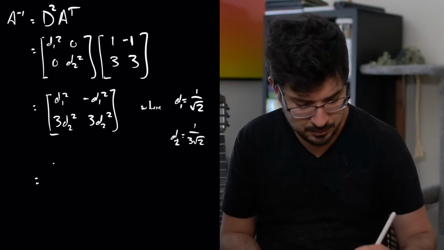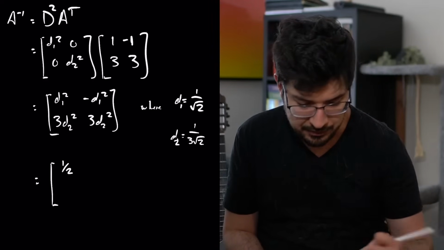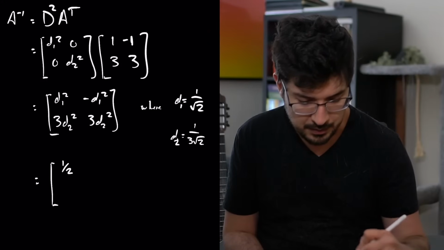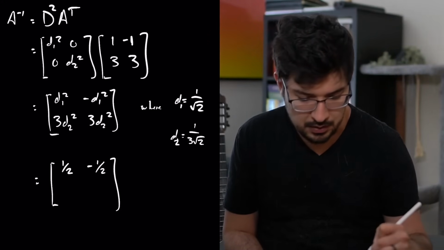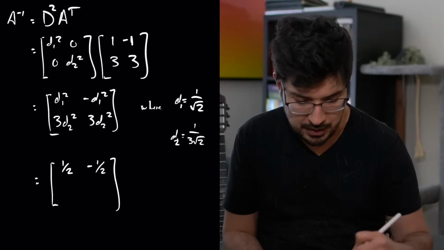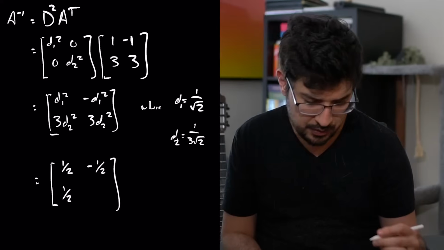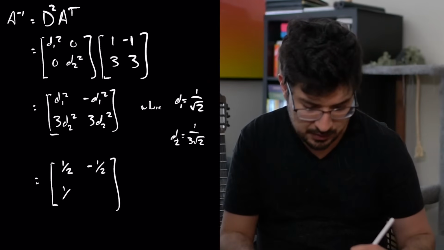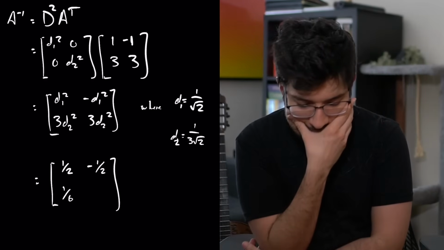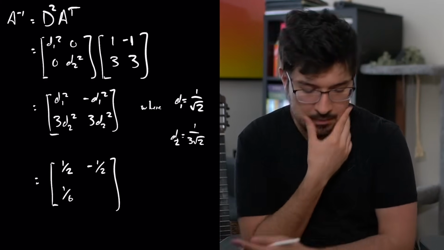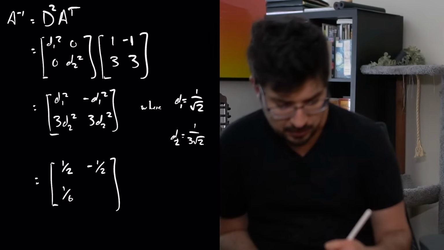So A inverse would be 1/2, negative 1/2, and then 1/2. Oh, wait, no. 1 over 6, right? 1 over 3, yeah. 1 over 6, and, again, 1/6.